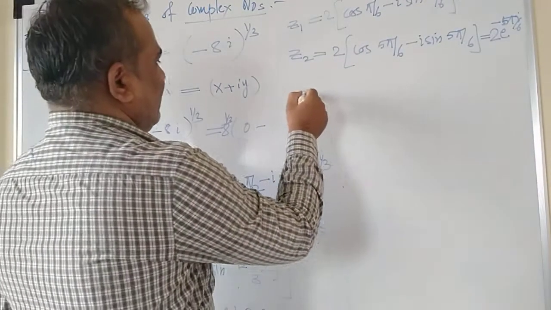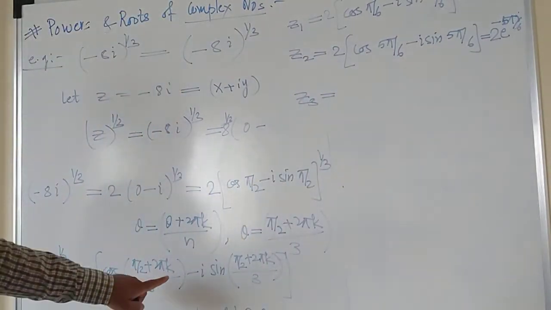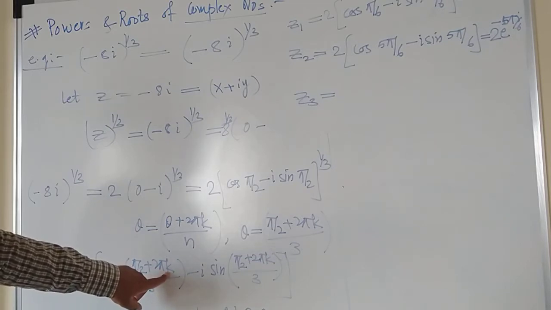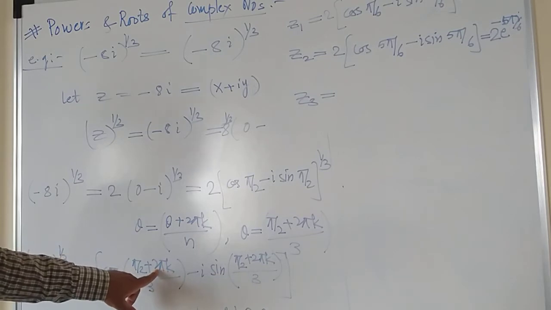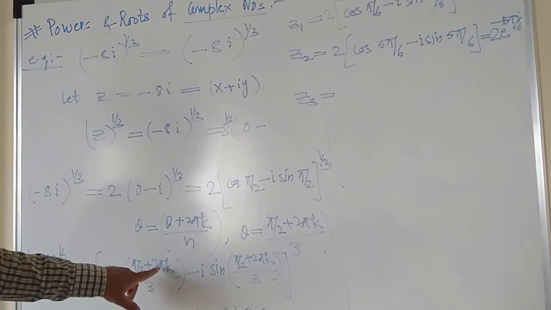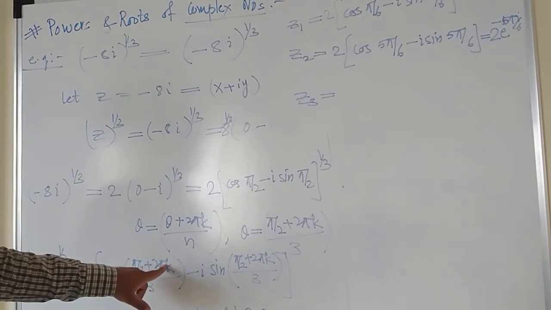Now let us calculate the third root. The third root Z3 you will get by putting k equals 2. If you put k equals 2, here you will get 4 pi. Now 4 pi by 2, because here you need to equate the denominator, so you need to multiply the numerator also by 2.